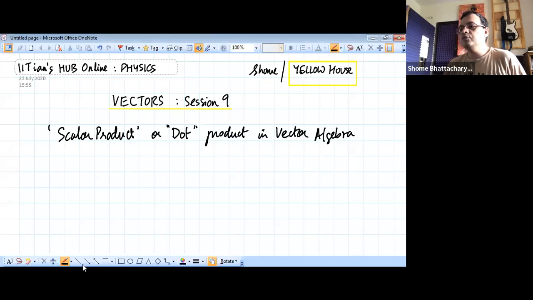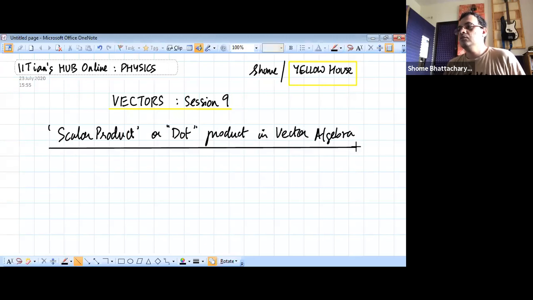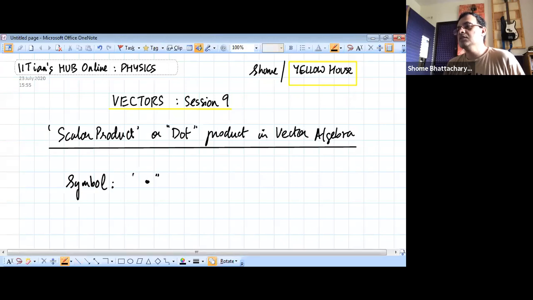This is a new type of vector operation that we will learn. First of all, every operation in mathematics has a symbol. Likewise, in vector algebra, the symbol is the dot. This is the symbol that is used for it.